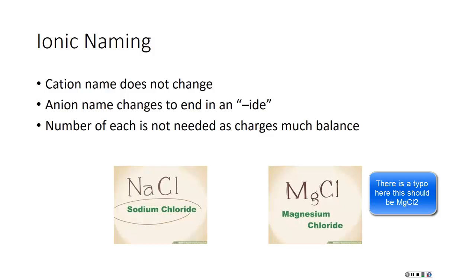So along with that, calcium is going to be a +2. Sulfur is going to be a -2. So when we bring these together, you can use Ca2S2 or CaS. CaS.